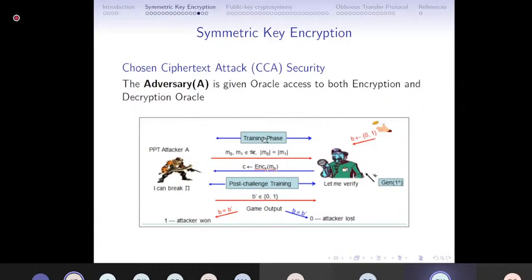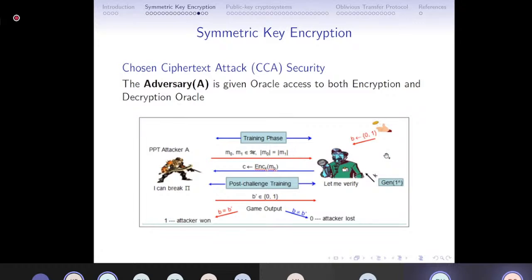Right? So in the training phase, based on his or her choice, the attacker simply converts plaintext into ciphertext and ciphertext into plaintext and observes those pairs. Next, the PPT attacker sends two messages M0 and M1 to the challenger.